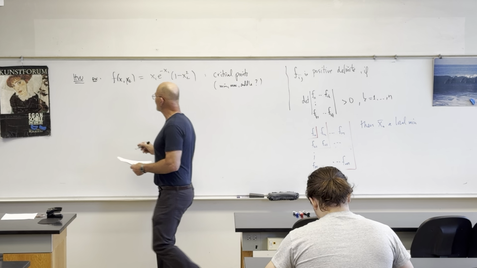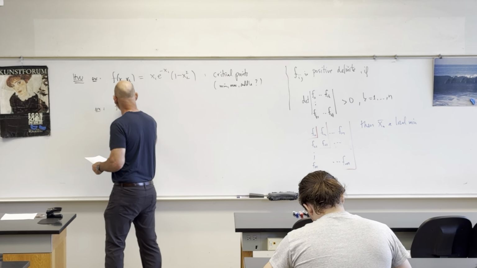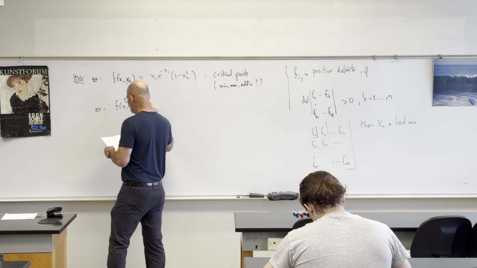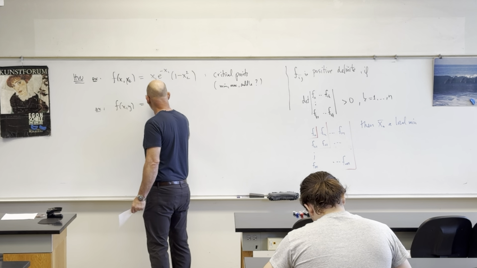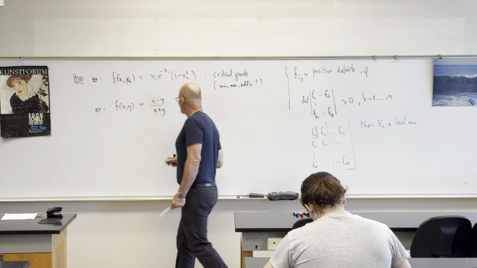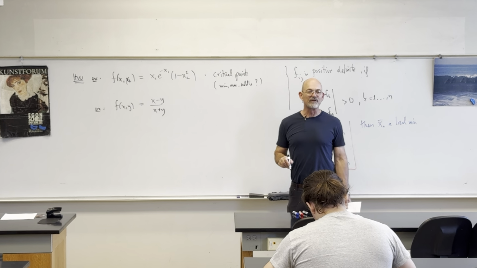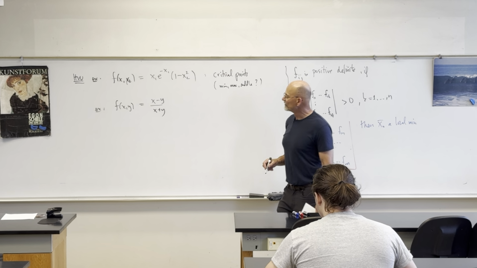The second example we're going to study would be F, this time I'll use x and y, of x minus y, x plus y. This is a great example because it's hard to visualize what's going on here.